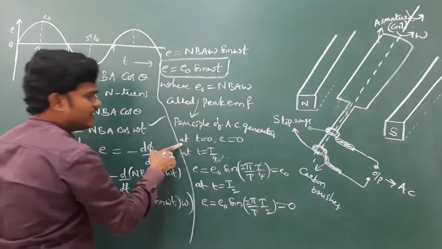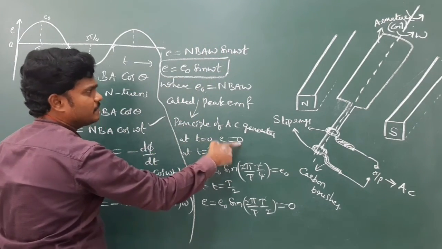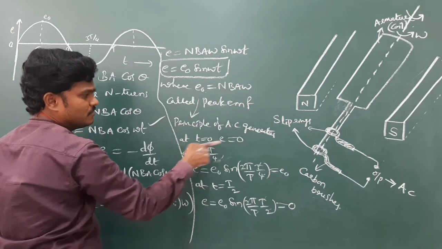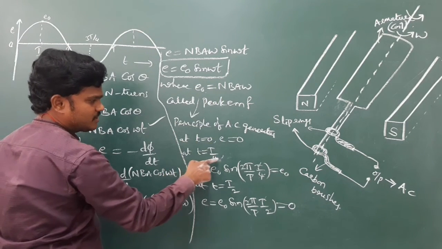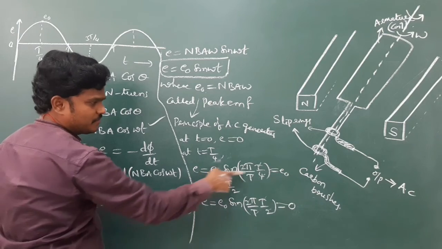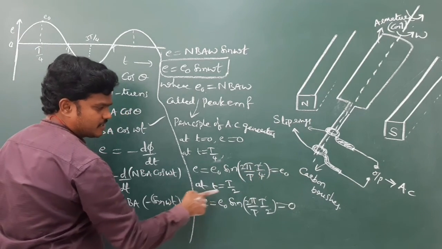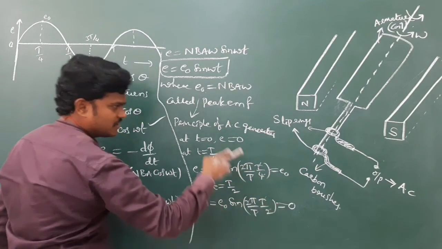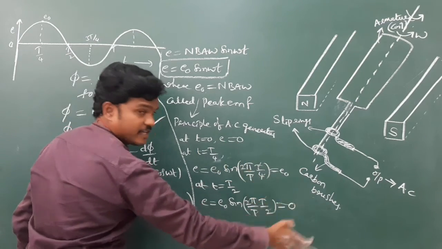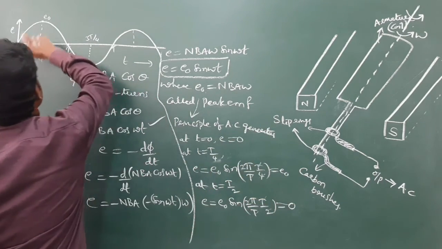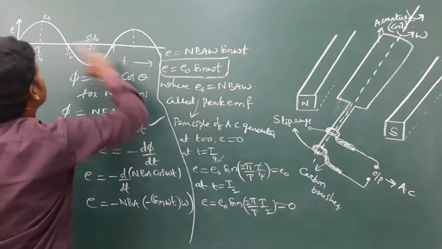At time t is equal to 0, the EMF is 0. At t is equal to T by 4, the EMF is maximum. At t is equal to T by 2, it is 0 again: 0, maximum, 0, maximum. So you will get a sine curve. This is a sine function.